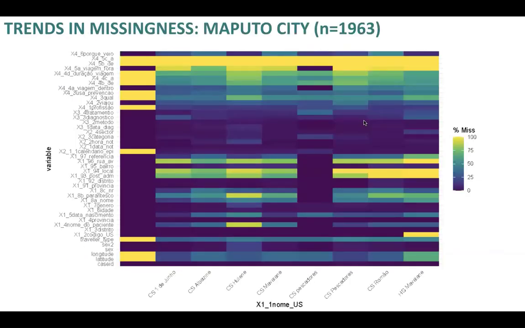Next. The first element, which I think is important to point out, is that whenever we adapt a routine system, it's important to know to what extent it's sufficiently collecting all the new data. So one of the first things we did was look at the missingness of the information. This diagram shows the distribution of the missingness of data across the case notification form and across all the different health facilities.